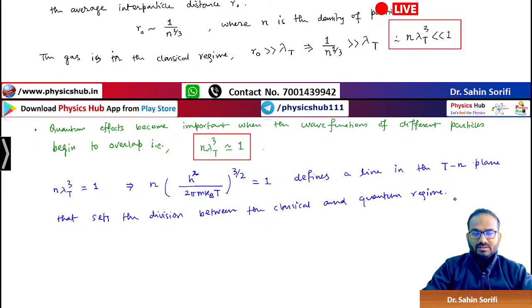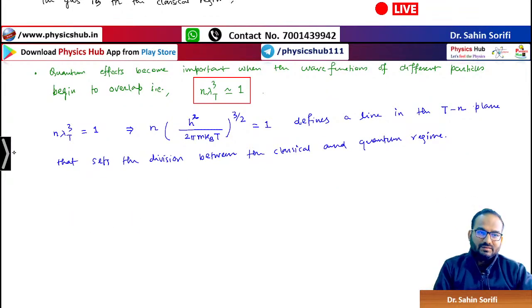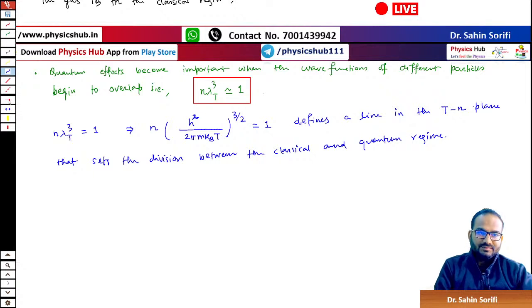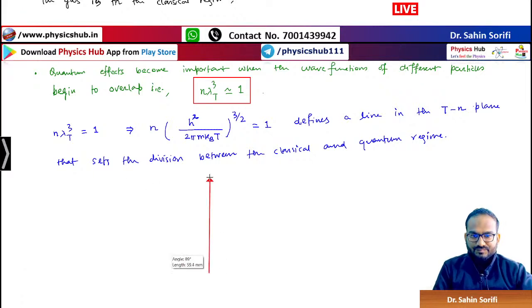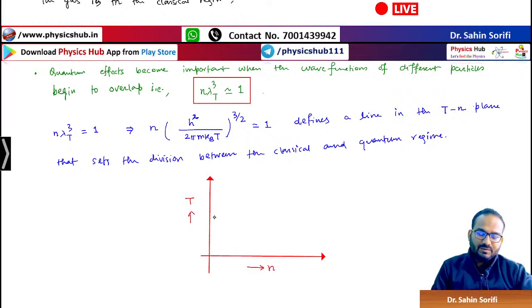Now, if I plot this curve on the T-n plane, what kind of graph will you get? Let us say we are plotting T along the y axis and n along the x axis. You get a curve somewhat in this fashion.